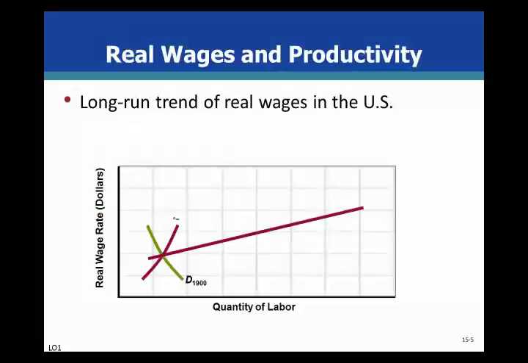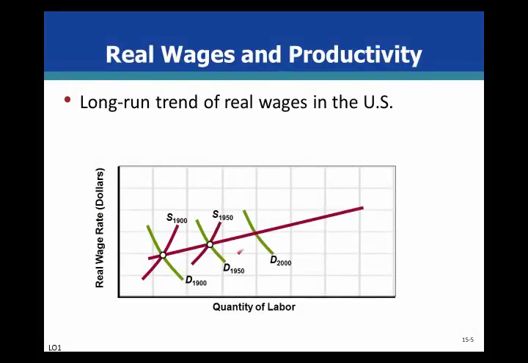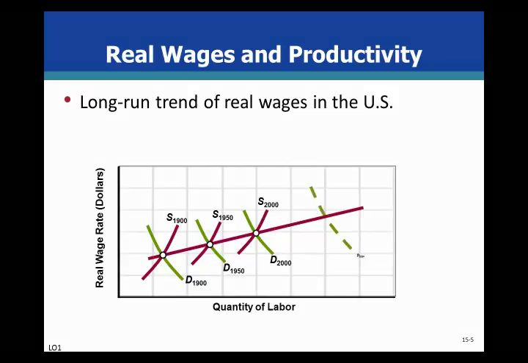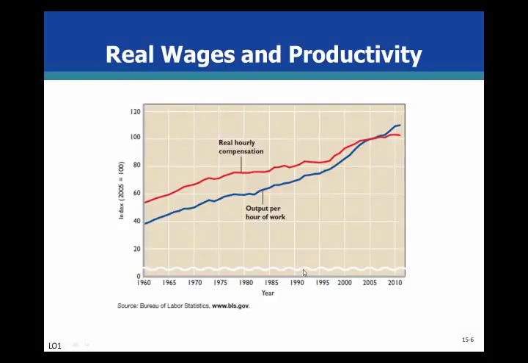So as we look at labor and the quality of our labor and the wage rates as we move forward, as the quantity of our labor increases, our quality also has to increase. And if that's the case, we should have an increase in real wage rates.